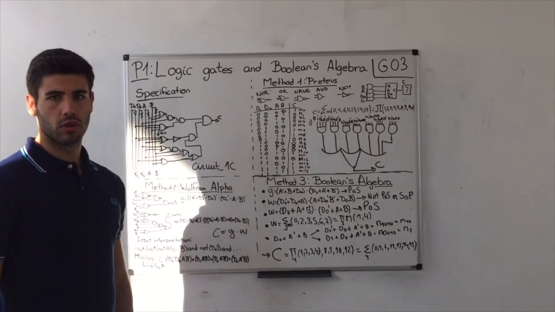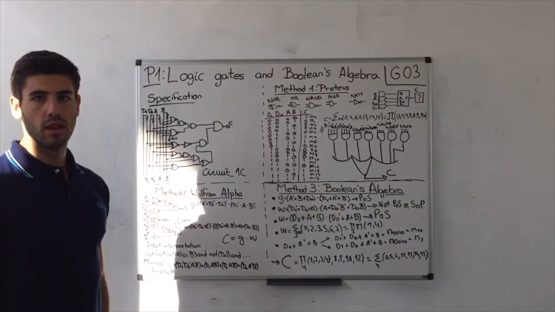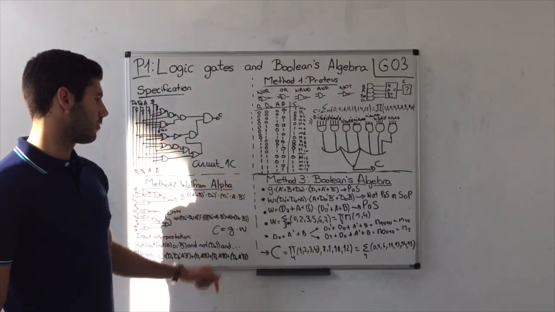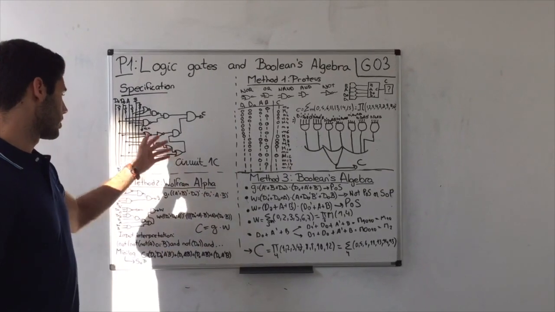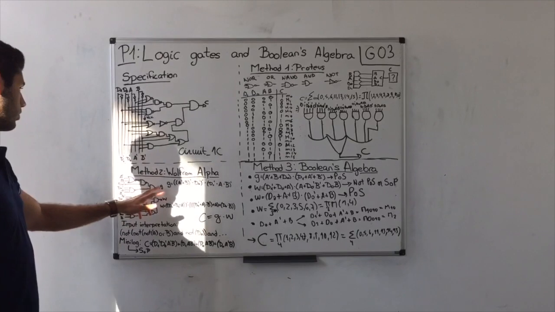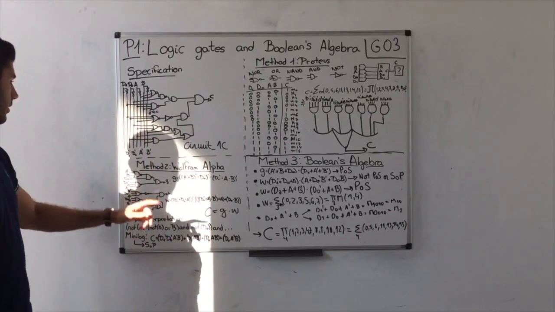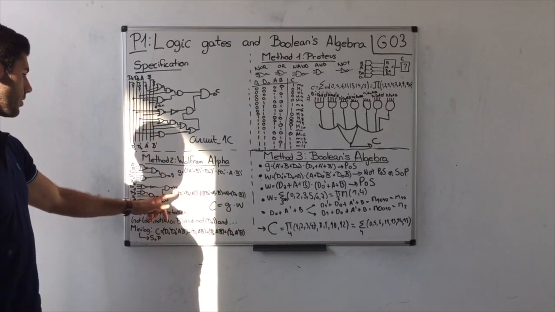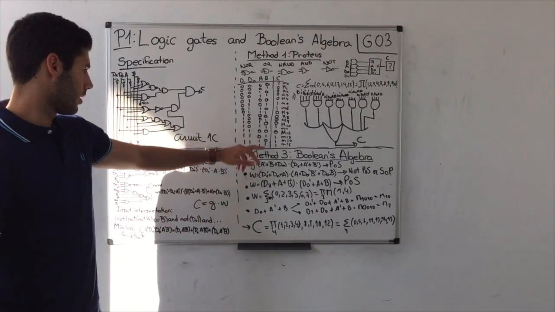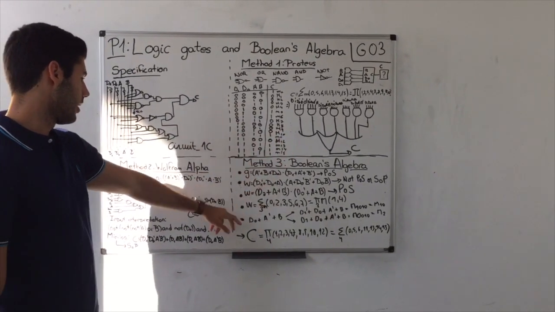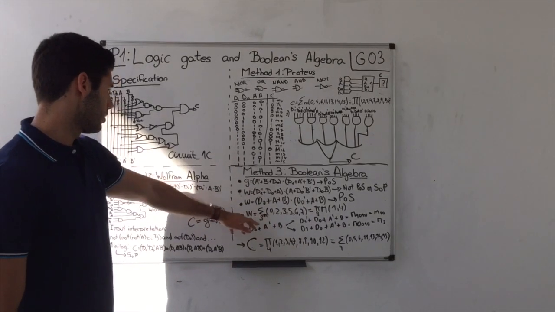Now we're going to try to solve the circuit 1C truth table following method 3, Boolean algebra. To solve this circuit, we have to split it, as Natalia did before, into 2 smaller subcircuits, the subcircuit G and the subcircuit W. As we see here, we're going to follow Boolean algebra, and here we have the 3 inputs.